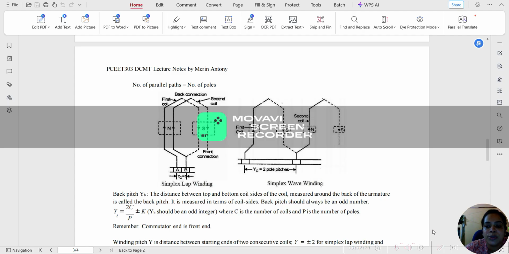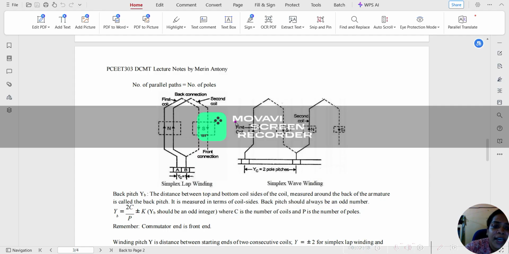You also try to draw this in your notebook. This is our single coil. We will represent a coil like this. A coil has two sides, two conductors. The two sides of the coil we call conductors. One conductor and a second conductor together constitute a single coil.